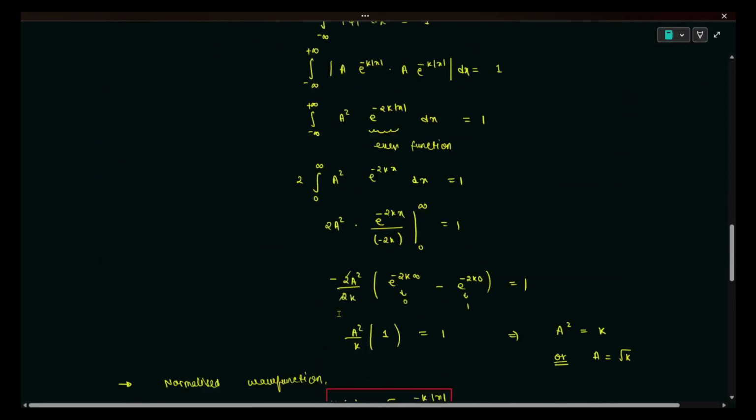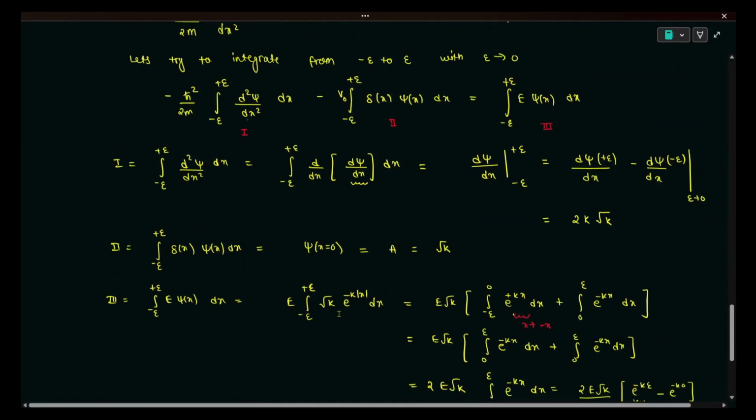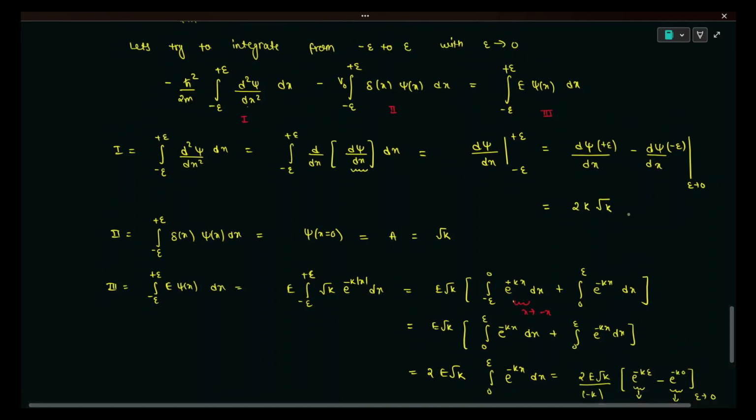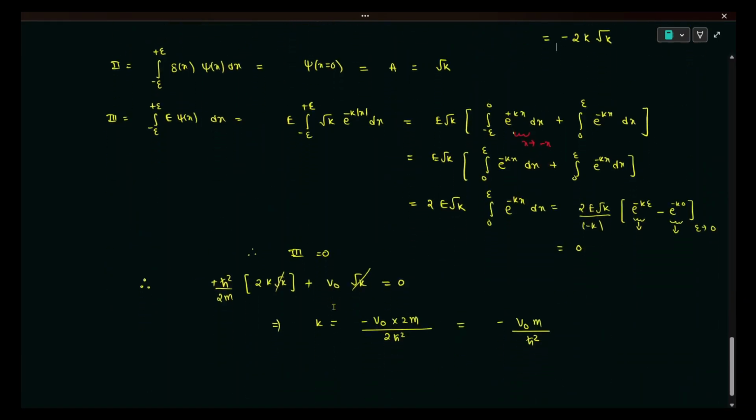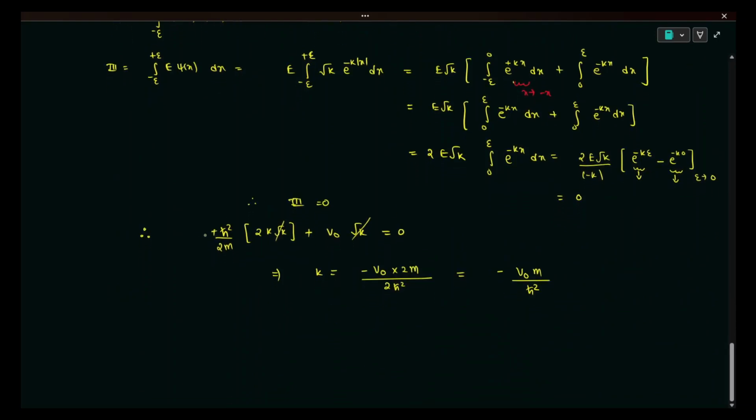So I will correct this. So here this first integral will be a negative sign, with a negative sign. So here what I will get is an extra negative sign here. So this k value will be a positive value. So this will be my k value. So this k is v naught m divided by h square.